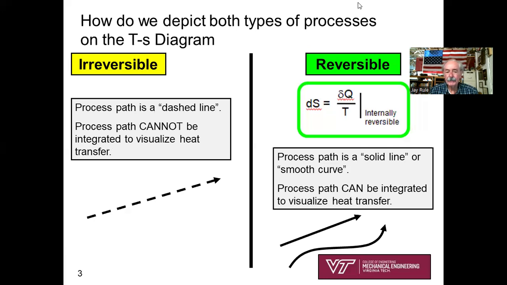A very important point, this seems kind of silly, but it's important for me to communicate to you on your start with a sketch discipline through the rest of the course. If you have a process that is identified as irreversible, such as a steam turbine where a number of the turbine blades are bent or messed up somehow, you're not going to get good performance out of those blades.